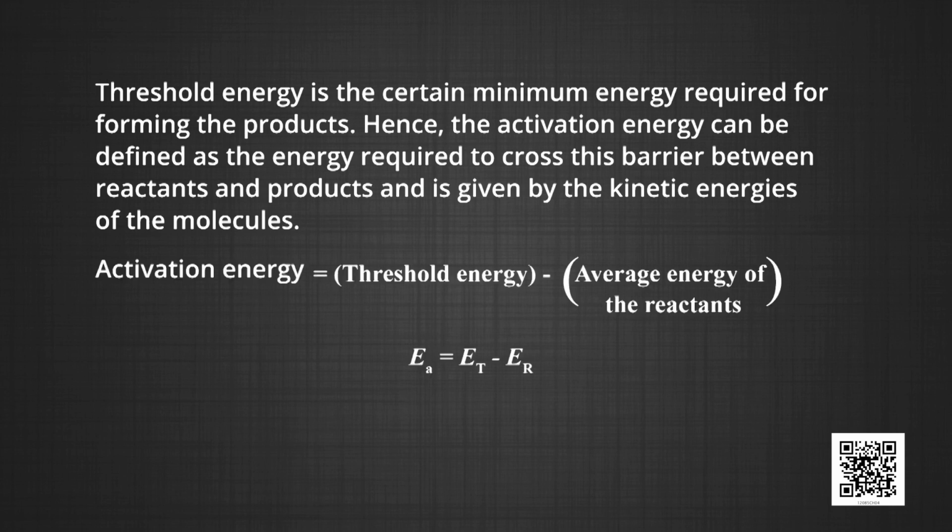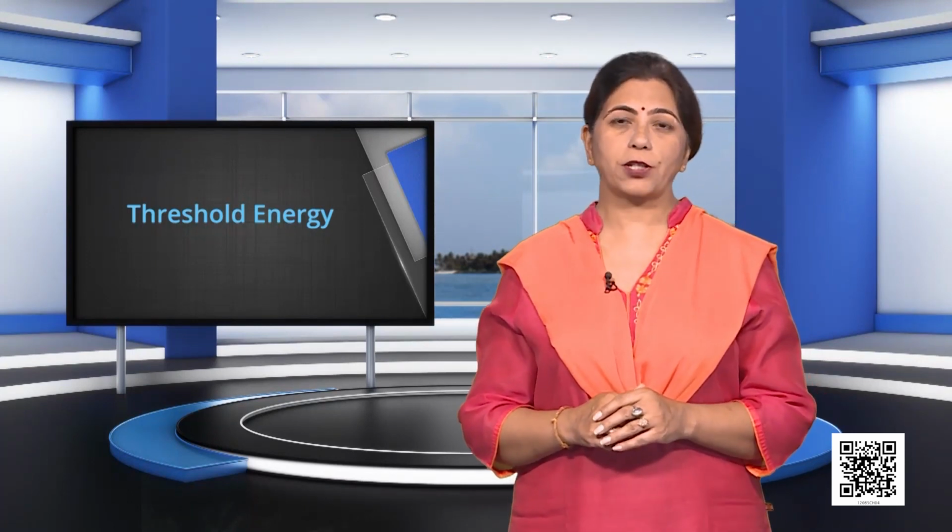Activation energy is equal to threshold energy minus average energy of the reactants. EA is equal to ET minus ER. The activation energy depicts the fraction of effective collisions, that is small f, and thus possesses a definite value for a particular reaction.